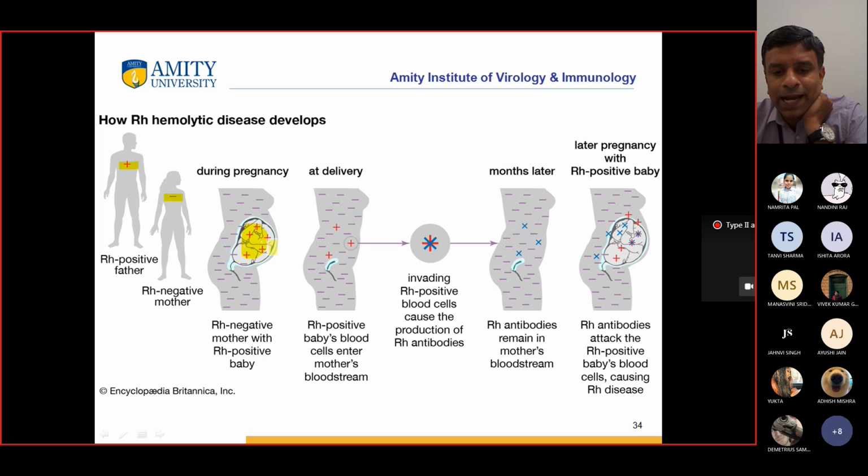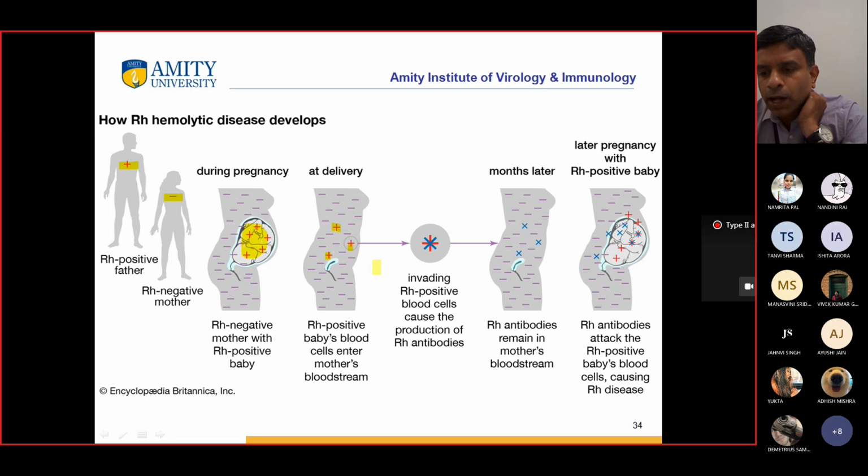But as I said, at the time of delivery some of the fetal cells will get into the mother's circulation, right? And when this happens, her immune system will get activated and produce antibodies which will take away or destroy these cells.